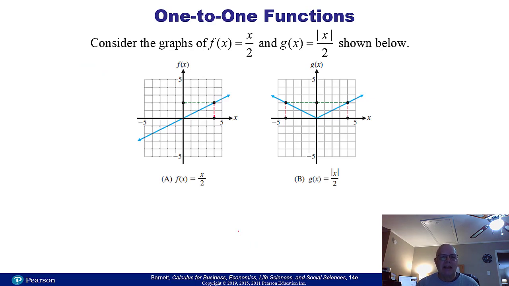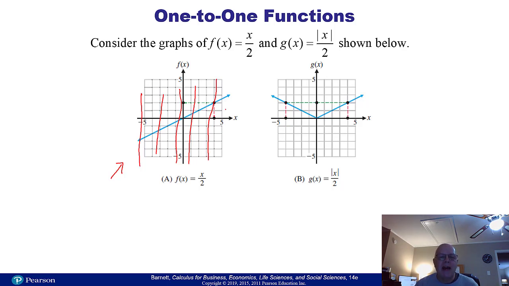One-to-one functions. This is important because if functions are not one-to-one, they can't have inverses. So, for example, you can see this first one over here is a function because if you draw any vertical line, it never crosses the graph more than once.